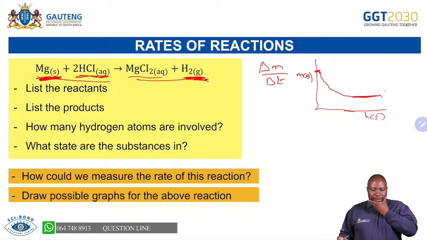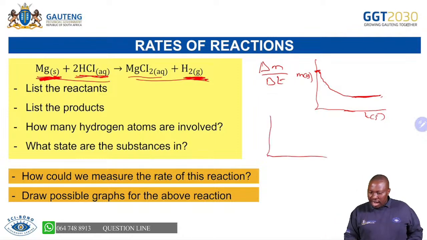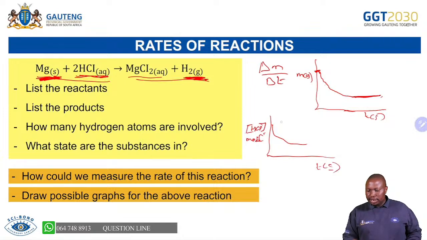We start with more reactants, but as the reaction proceeds, it decreases until we have our limiting reagent used up. Now, if I was to show the concentration of HCl, I will still draw a graph that goes like that, and show that here I'm dealing with the mole concentration of HCl, in mole per cubic decimeter. As the reaction time increases, as long as it's a reactant, we're expecting a graph like that. The rate of reaction is highest when the curve is the steepest, but as time proceeds, our reaction is slowing down.